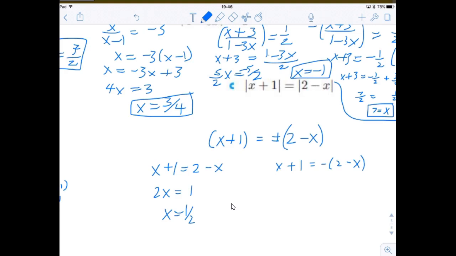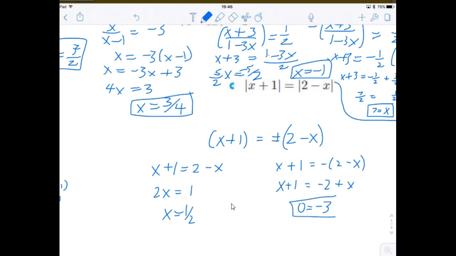And we'll have x plus 1 equals negative 2 plus x. And then if we subtract x from both sides, we'll just end up with no x's. And then we'll move all the numbers to one side, and we'll end up with negative 3 equals 0. Weird.